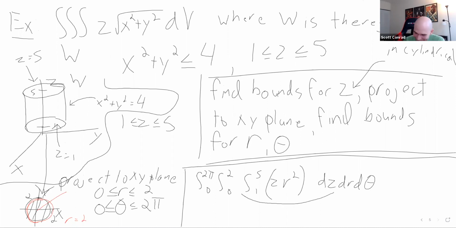Really quickly, let's just do the first integral. What do we get when we integrate z r squared with respect to z? Z squared r squared over 2. R is just a constant because we're integrating with respect to z. So you get 1/2 z squared r squared evaluated from z equals 1 up to z equals 5. You can pull out the 1/2 r squared because it's a constant here.